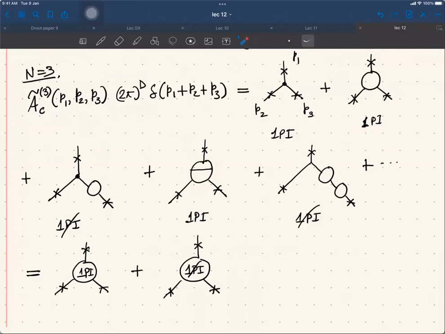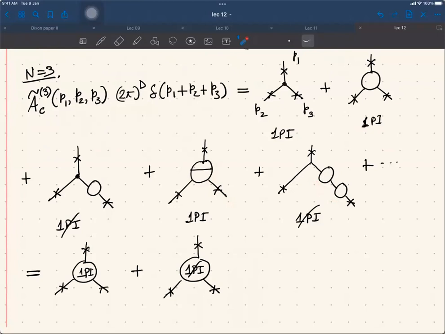One is that this vertex is being replaced by certain loop diagrams, and the other is that the vertex can remain the same or be replaced by certain loop diagrams, but the legs can also have loop corrections.